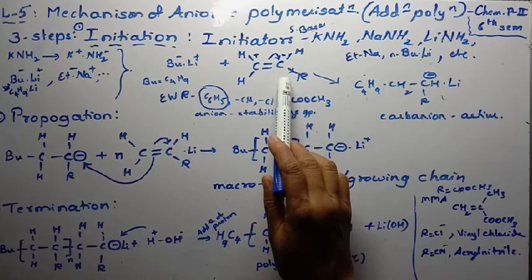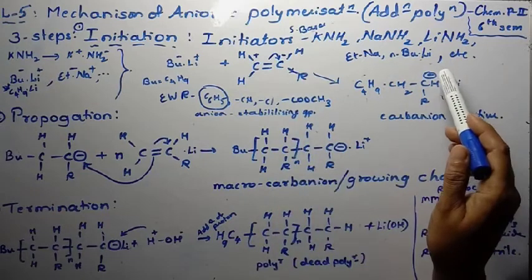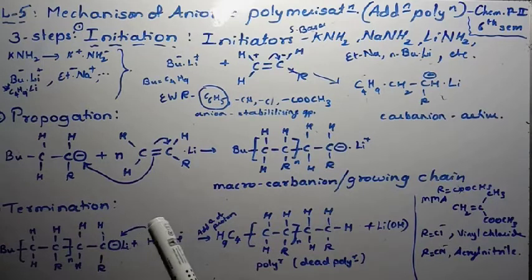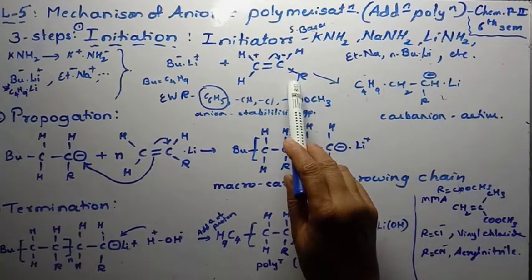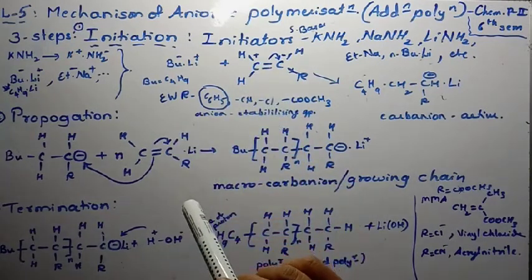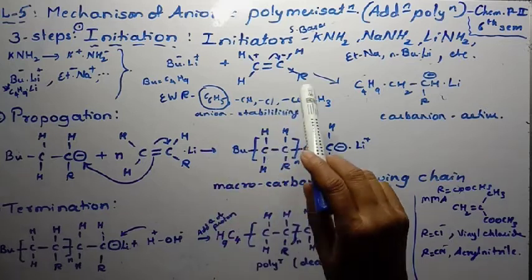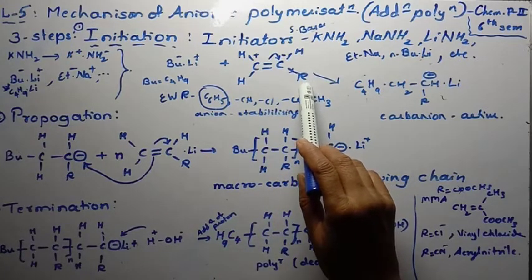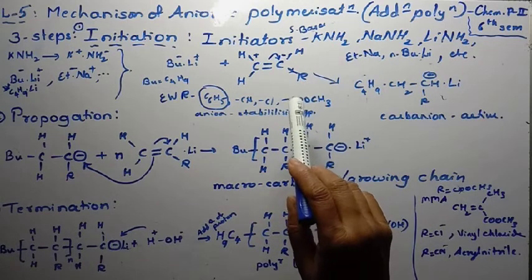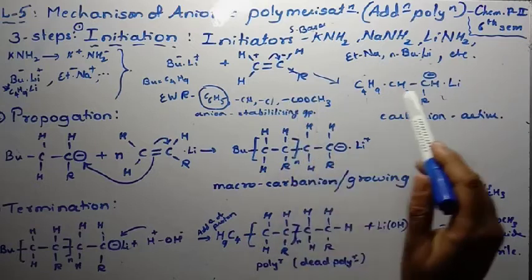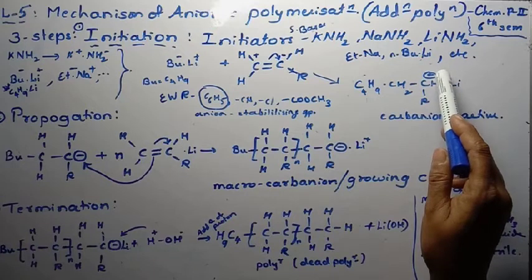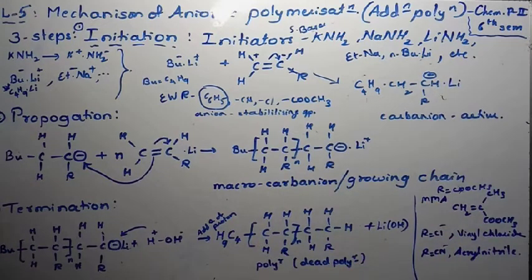So the electron withdrawing group stabilizes the negative charge on the carbanion, and in cationic, R is an electron donating group, which stabilizes the positive charge on the carbonium ion.